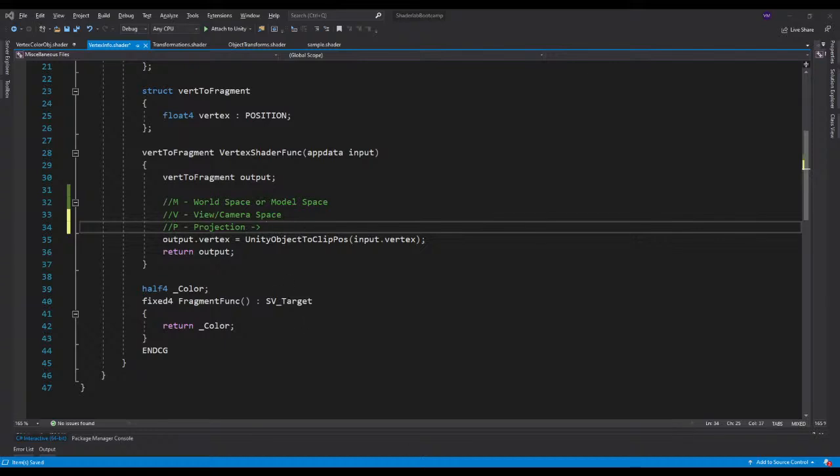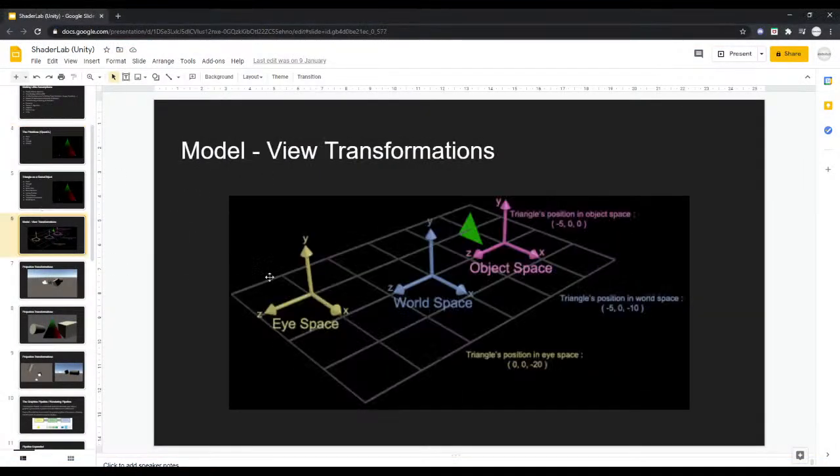For this, I'm going to go back to one of the slides, and I'm going to share the slides with you. If you see right here, assuming this is our grid, this is our world, right? This is Unity, in which you have a grid, wherever the origin of the world is 0, 0, 0.